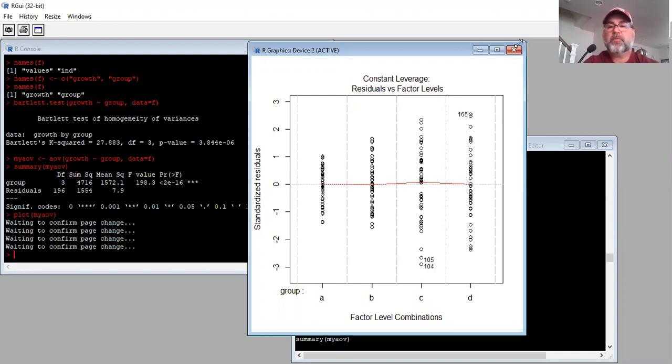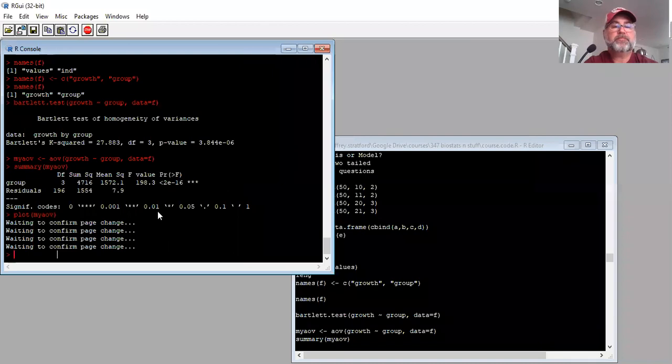So you click through those and you can't save them using it like that. What you can do is change the graphing parameters.